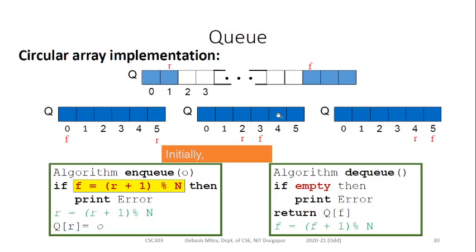Then the second element is at index 4, the third element at index 5, the fourth element at index 0, the fifth element at index 1, and the sixth and last element, the rear element, is at index 2. This is also a full queue. So here also this condition, F equal to (R plus 1) mod n, is getting satisfied.